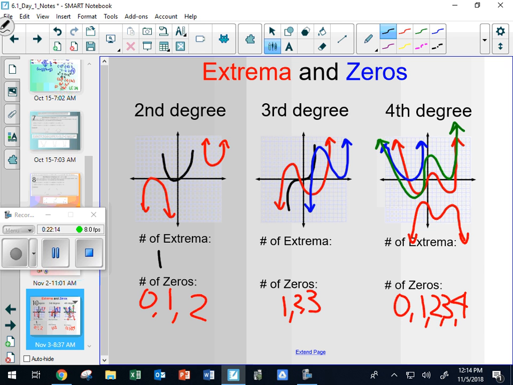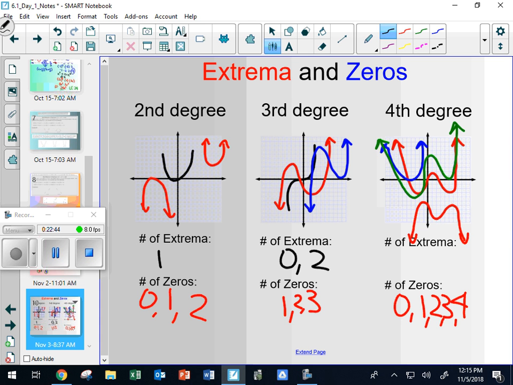All right. How many extrema could we have here, though? So if we look at this blue graph for the third degree, we have kind of like 2 hills. So you have 2 extrema. But then the original example that we have here, are there any extrema there? Not really, right? It just kind of all curves out. So you can have 0 extrema in that case.